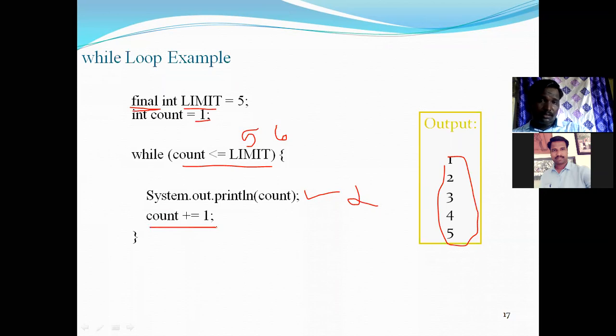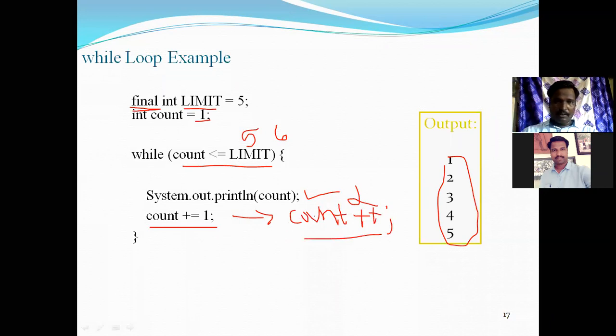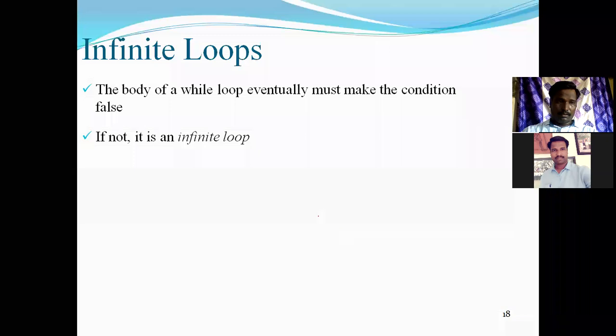Here, count plus equal to 1, or else you can write it like this also: count plus plus. So every time the count variable will be incremented by 1. Both are valid, so you can use either this one or that one. The body of a while loop must eventually make the condition false.